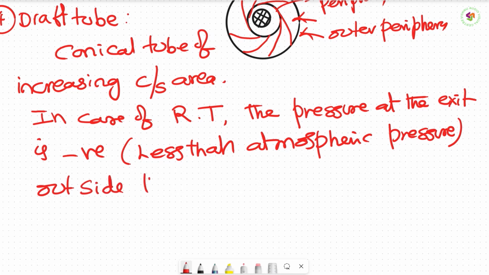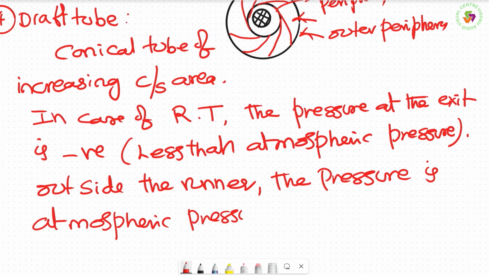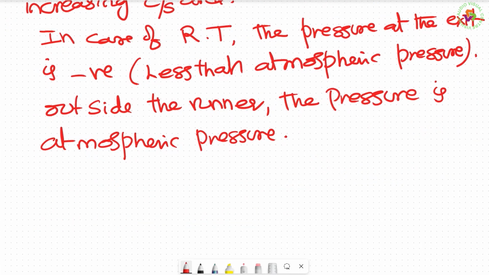Outside the runner, the pressure is atmospheric pressure. So you tell me whether water will flow from high pressure to low pressure or from low pressure to high pressure. The pressure at the runner exit is negative, and outside it is atmospheric pressure. How will the flow take place?